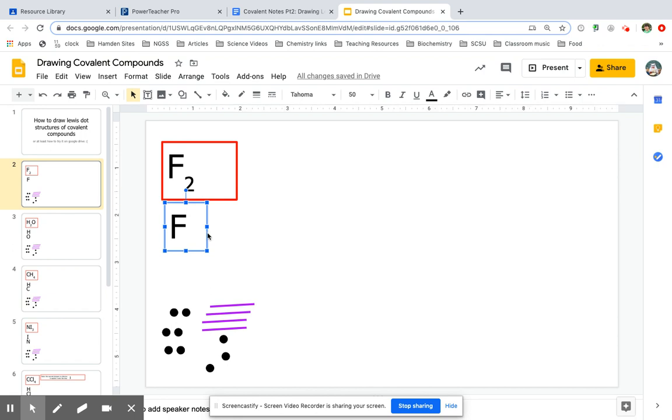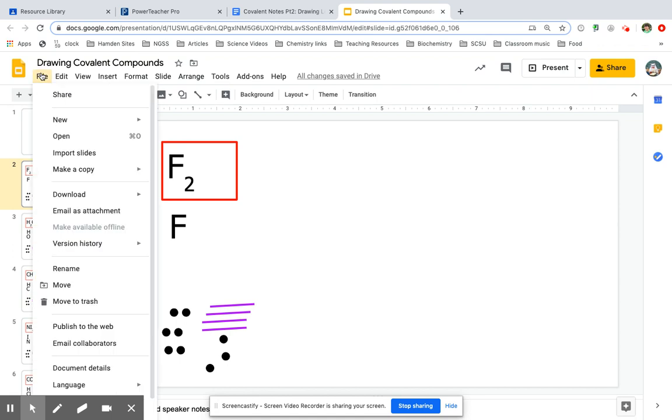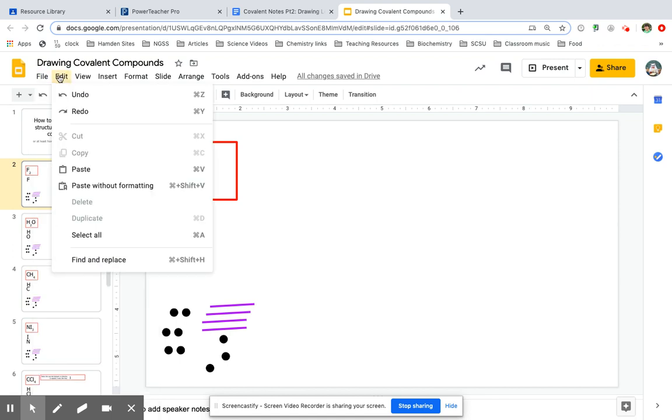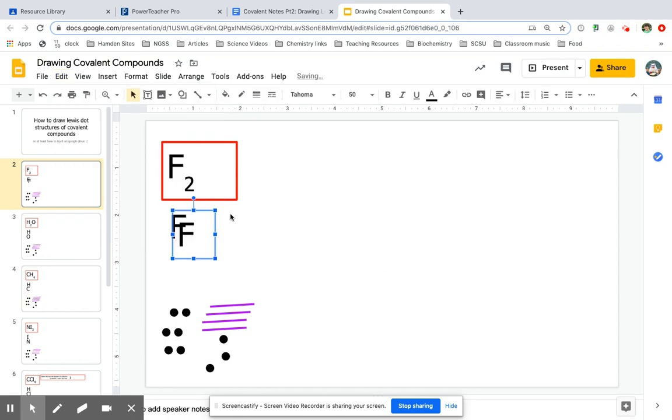Do Control C or Command C to copy, and then Control V or Command V to paste. We need 2 Fs, and we're going to put them next to each other because we're going to bond them together.